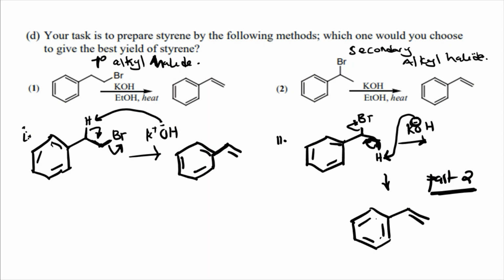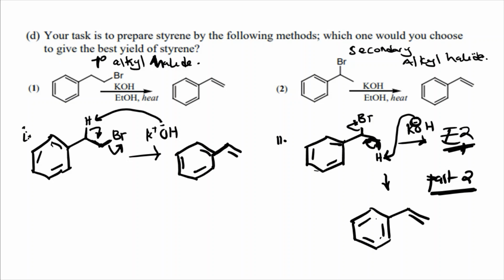The reason why it won't compete very much with an SN2 reaction is because for an SN2 reaction, this will have to come and attack here. And in order for it to attack here, it might interact with this group here. So there will be steric hindrance. So this is E2. E2 reactions will take precedence in this reaction.